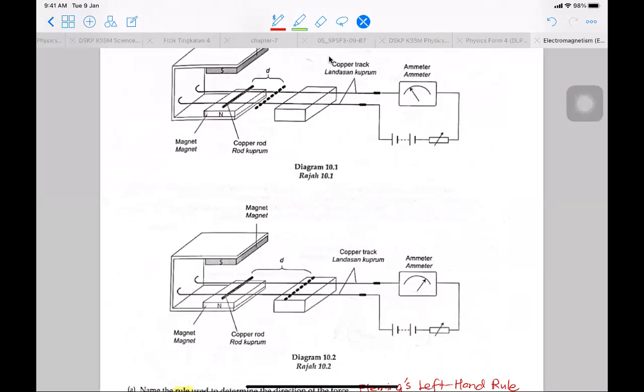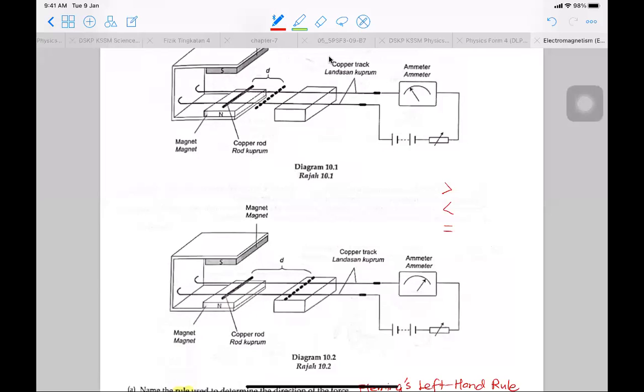When comparing, you can use the symbols greater than, less than, or equal. So how is the emitter reading for both diagrams? Which one is less? Which one is more?